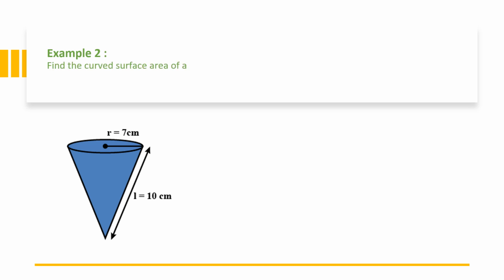Let's take some examples. One is, find the curved surface area of a right circular cone. What do we need to find? Curved surface area, this blue colored one. The slant height is given as 10 centimeter, and the base radius is given as 7 centimeter. Let's calculate with the formula.